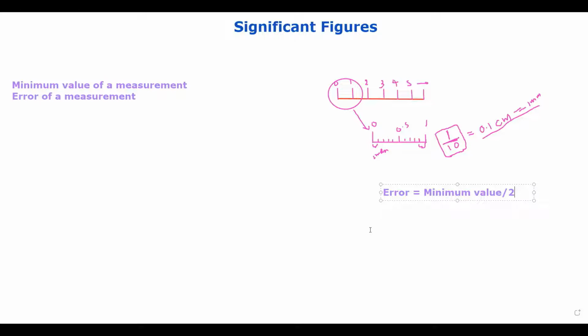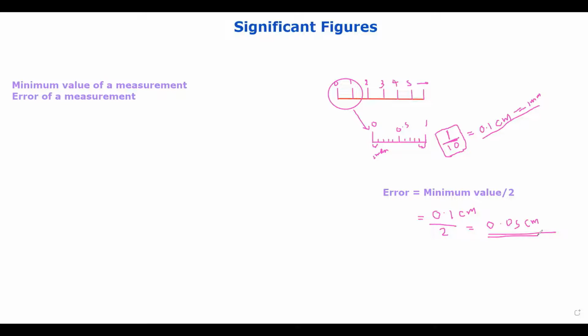For this example, the minimum value is 0.1 centimeter. We divide it by 2. So the final outcome is 0.05 centimeters. This is the error.